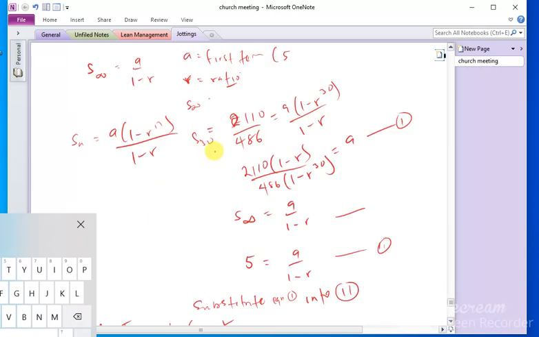So we have S30 equals 2110 over 486 equals a times 1 minus r to the power 30, from the sum of a GP, and also the sum to infinity.